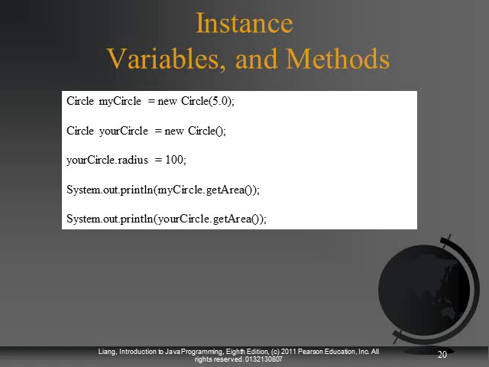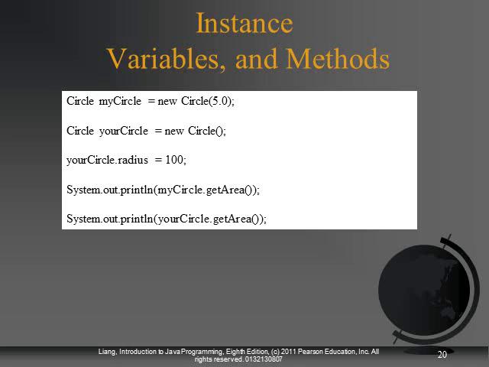Well, we've been referring to creating new objects as instantiation. Technically, an object after it's instantiated is referred to as an instance. And instance variables belong to that specific instance we might have instantiated.